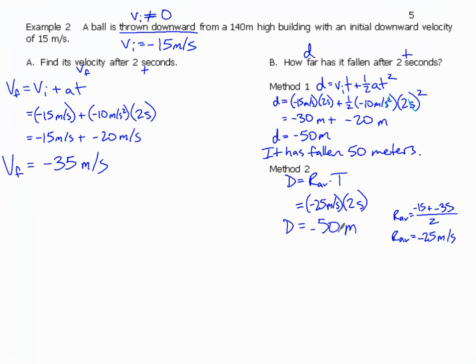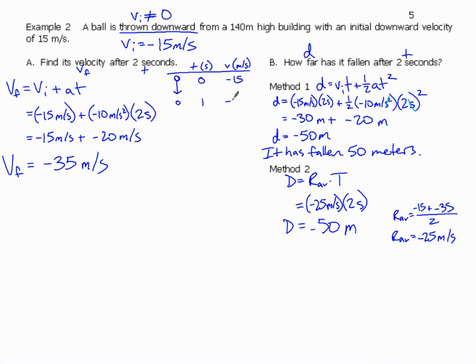So if we were going to represent this, here's time in seconds. Here's velocity in meters per second. And here's a picture. Here is the object, the ball, with an initial downward velocity at time 0. Velocity is negative 15 meters per second. After 1 second, it might be here.